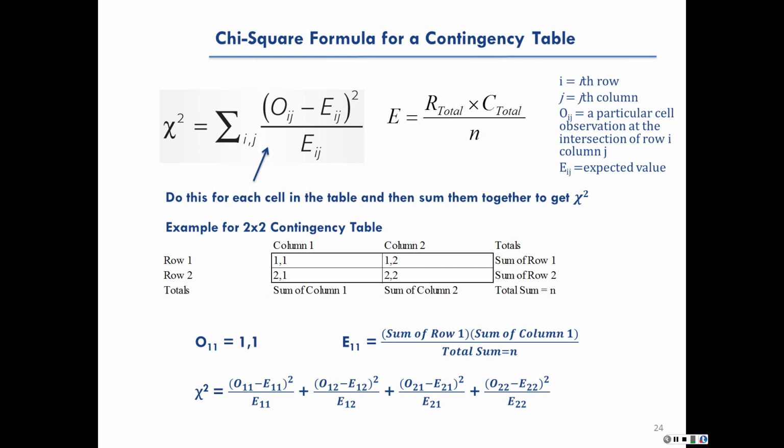And then you do that exact same process for each of the other cells in the table. So you can see there are 4 numerators and denominators there that you're adding together to get the total chi-square statistic.